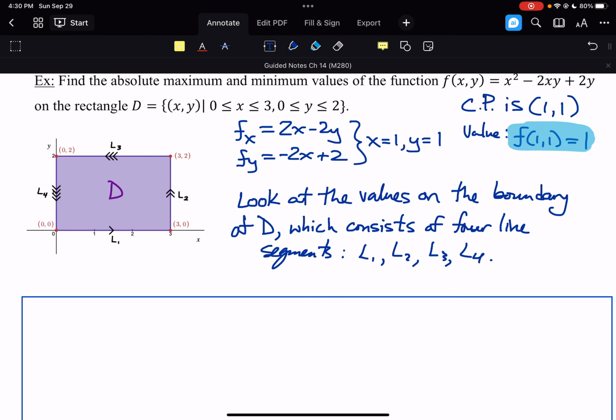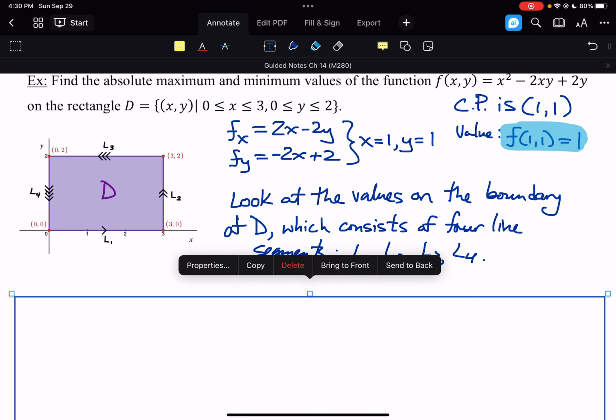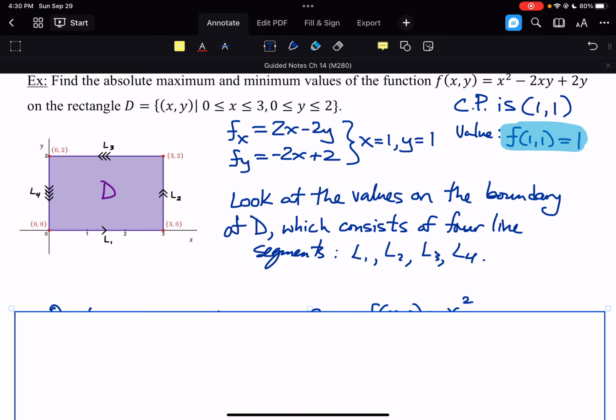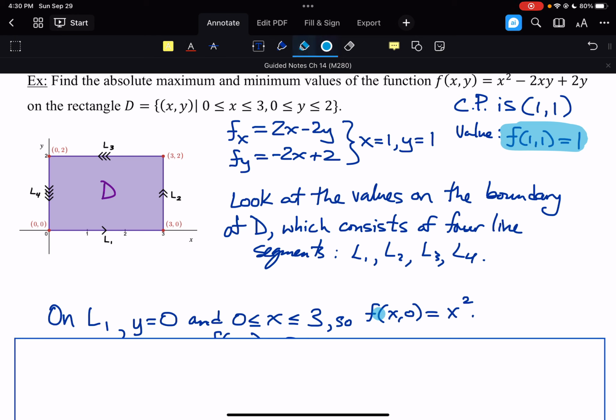And similarly to the last example, I've already put some of the work in here just so we can get through this a little bit faster. We're trying to find max and min values. If we start with L1, that's the line y equals 0, and x is going from 0 to 3. If y is 0, then our function becomes f of x comma 0, so just x squared.